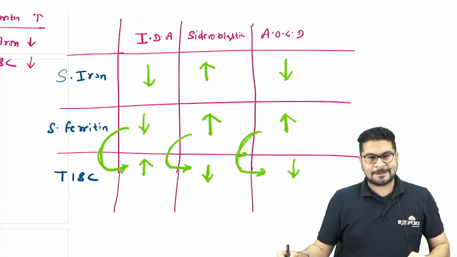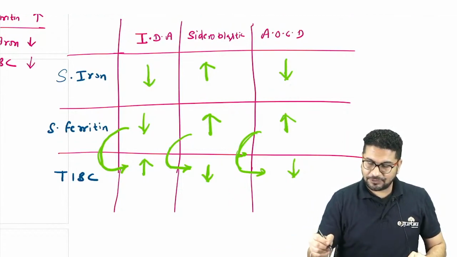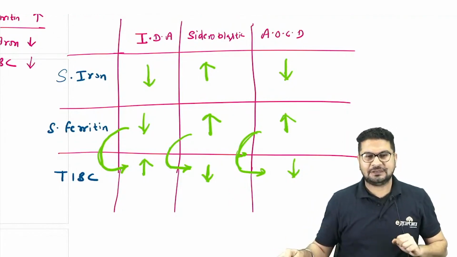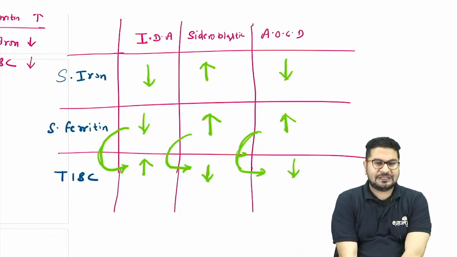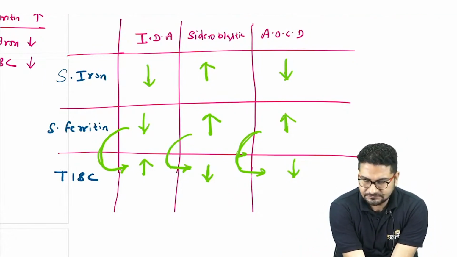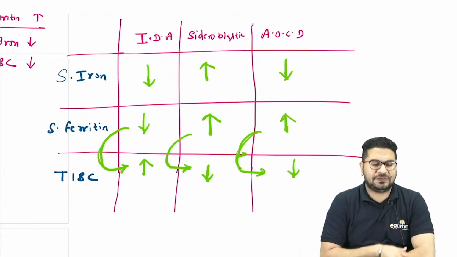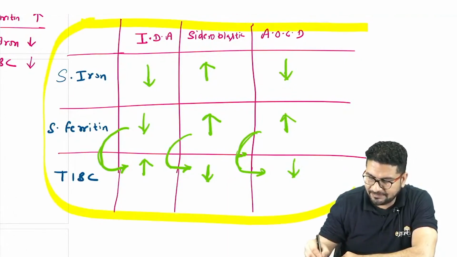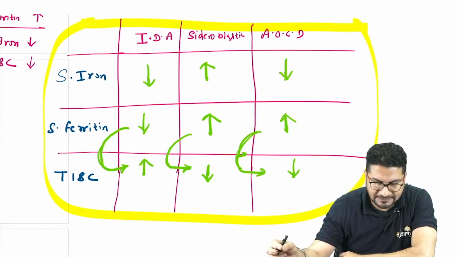Clear? So what you should remember here is they ask questions like this. Low TIBC is seen in. Try to answer. Your exam question: low TIBC is seen in sideroblastic anemia and anemia of chronic disease.